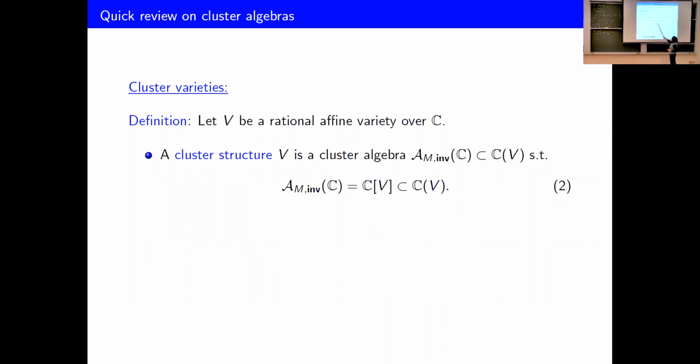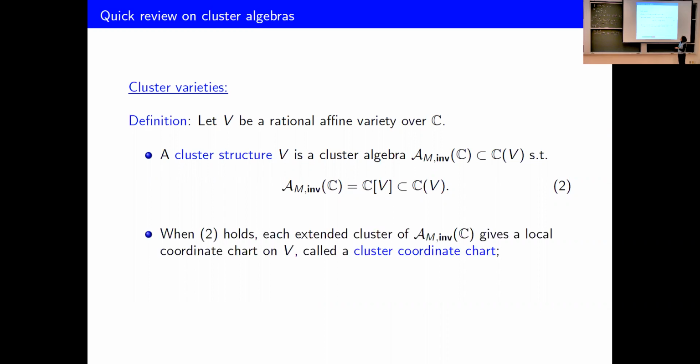They are equal as algebras, the same subalgebra inside this field, but now in here you have a collection of elements called cluster variables, and they group together into clusters. Now, since we're talking about the variety, we want to talk about that in geometrical terms.